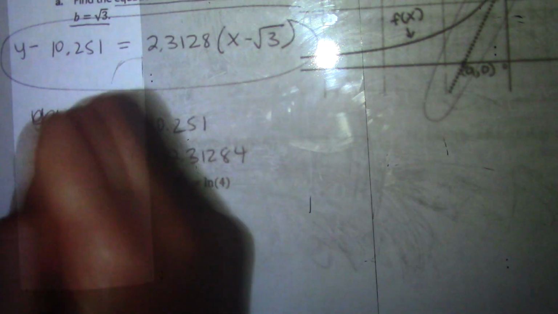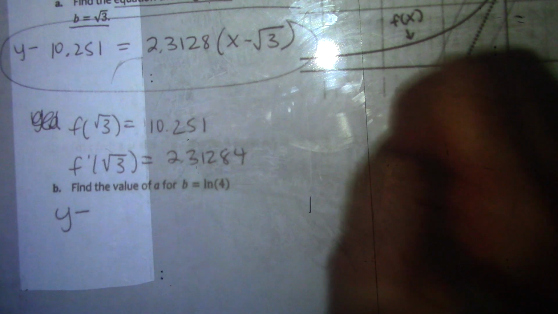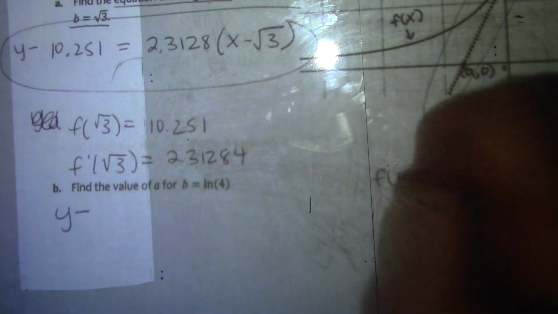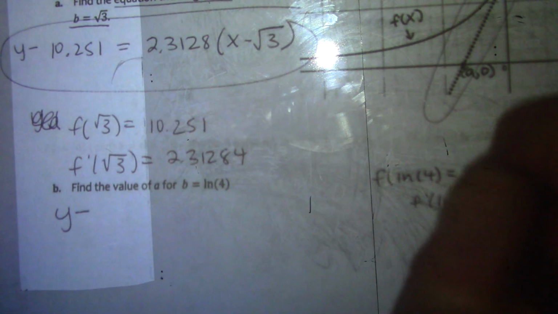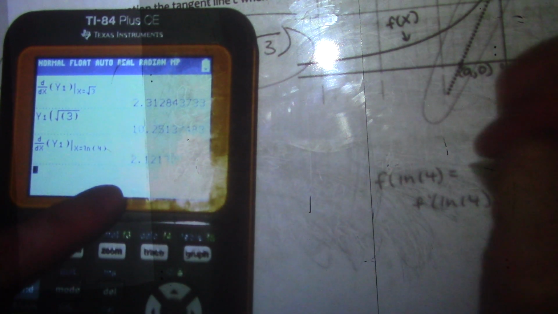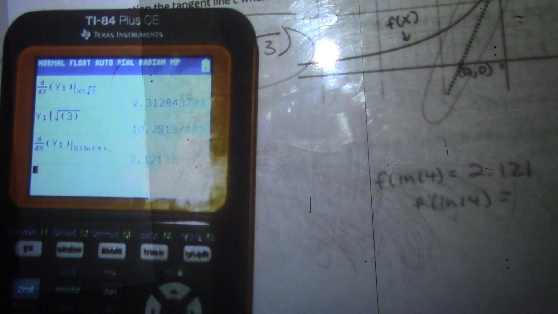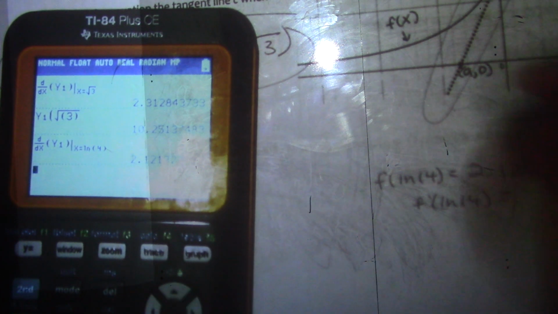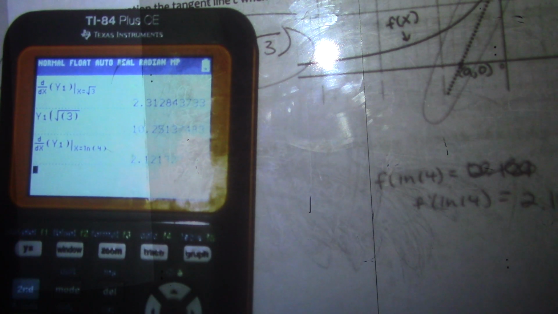So I'm going to do y minus, we're going to look at what f of natural log of 4 is, and f prime of natural log of 4. So same thing, I'm just evaluating at natural log of 4 instead. That was the derivative, 2.121.